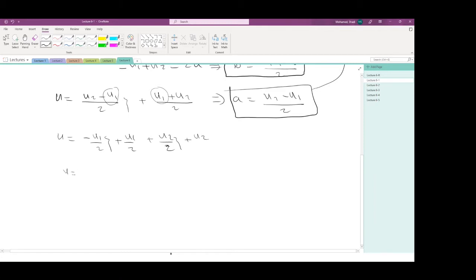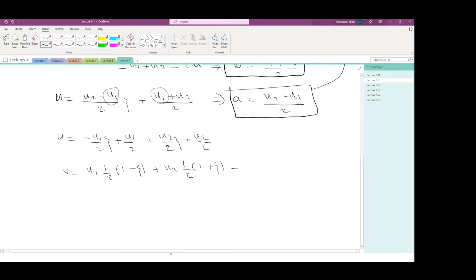So I will have U to be U1, and then I'm going to take the half as well. So everything is divided by 2. I'll just take the half as a common factor. And then I will have 1 minus xi added to U2 half 1 plus xi. All right, so this is xi and this is 1.